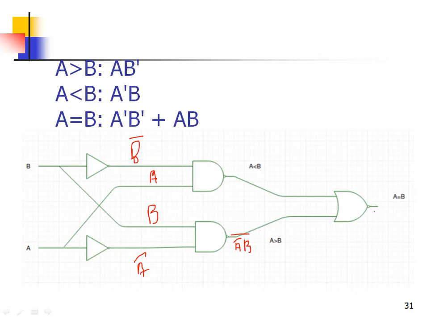Because once again we are making an inversion of the output, hence we get the same output. Which means we are taking the complement 2 times, so you get the same output equation.